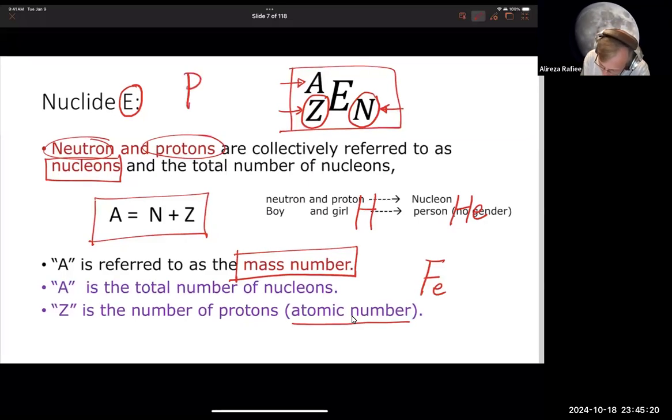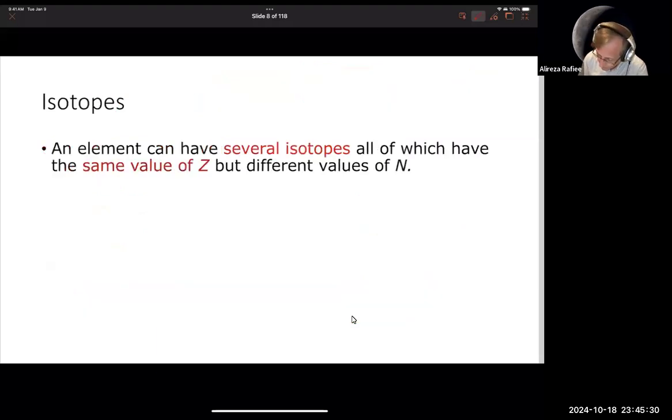A proton is positively charged. A neutron is neutral, so it has no electric charge. An electron is negatively charged. There's also something called isotopes. When the number of neutrons in a nuclide is different, even though the atomic number is the same, they are the same element, but now they have a different mass number.